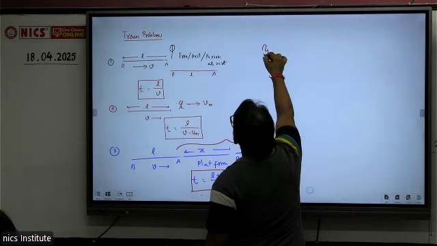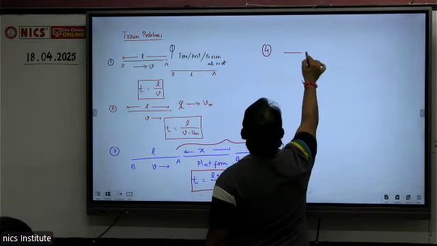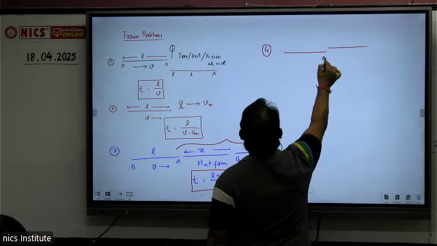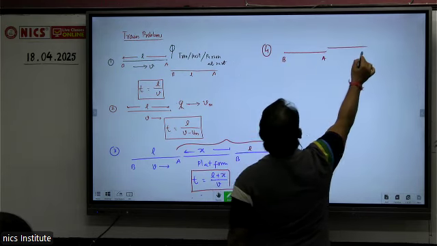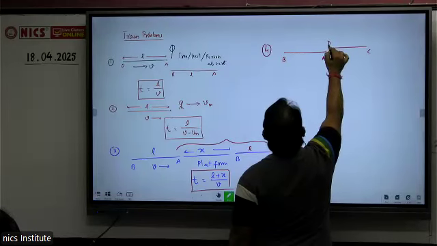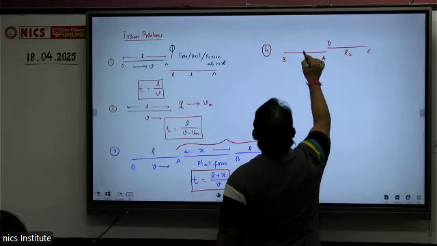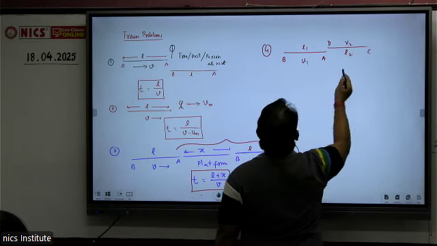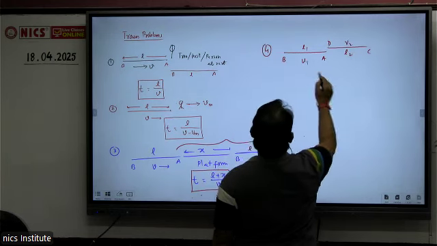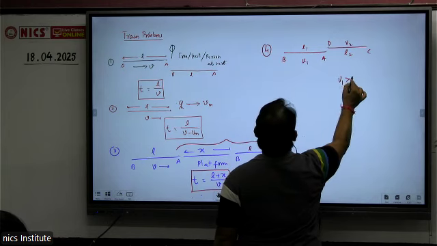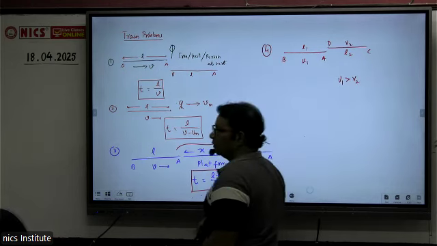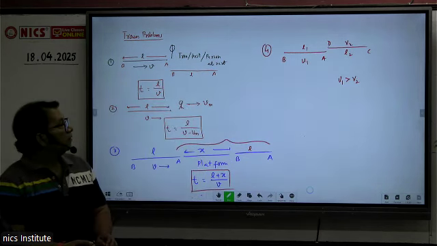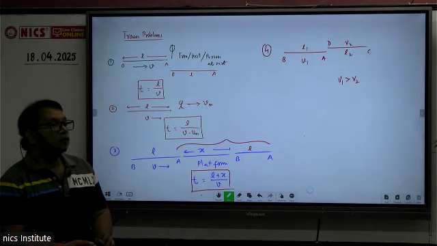Next situation, two trains of length L1, L2, speed V1, V2. First, this train is behind, but it has more speed than V2. So how much time will the train AB take to overtake the train CD?